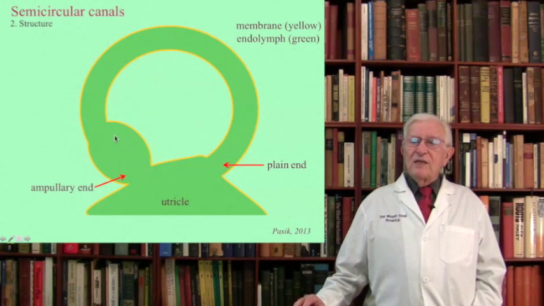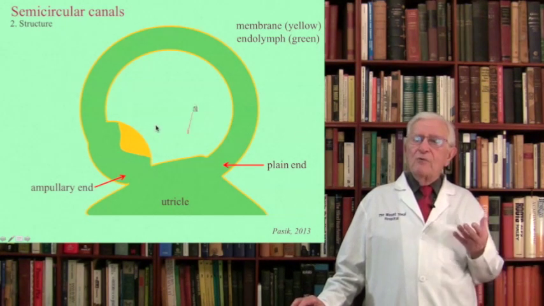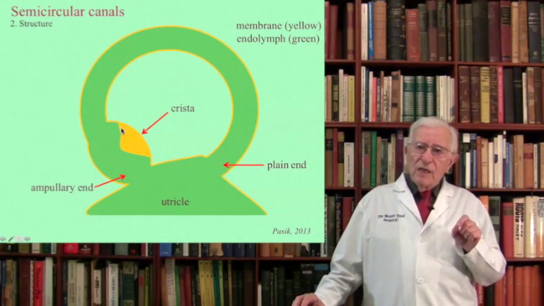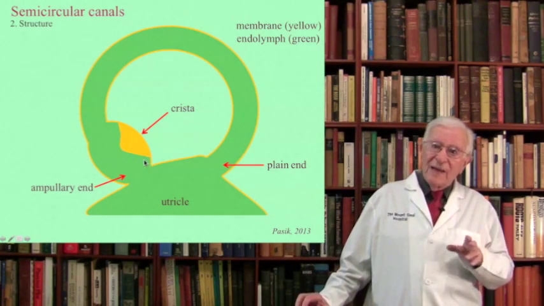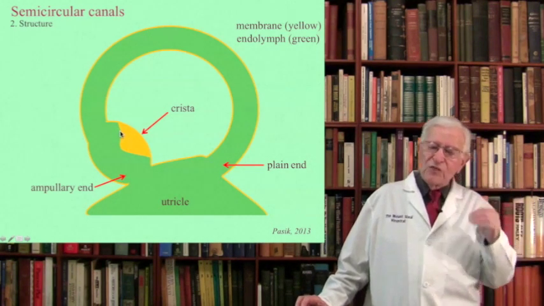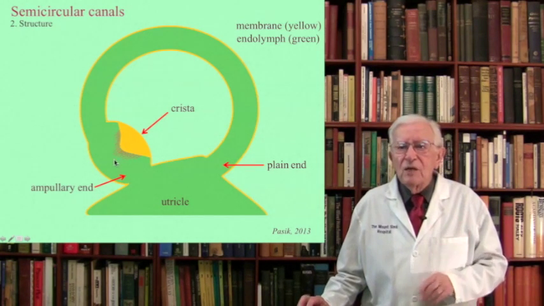What happens is that the epithelium of the membrane in the ampulla gets thickened, or makes a mound in several layers, and that mound is called the crista. On the banks of that hill is where the receptor cells are located, and we'll put a series of them here.